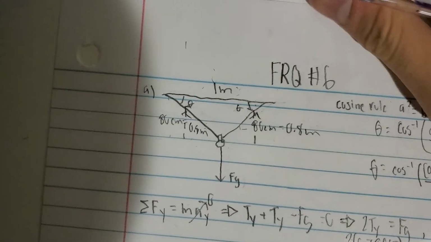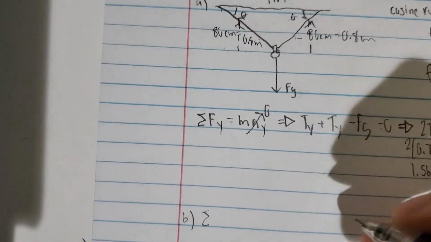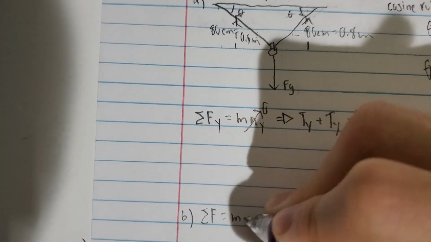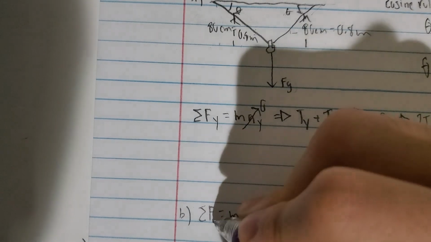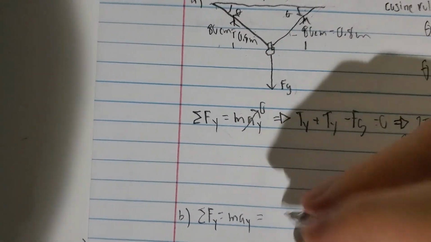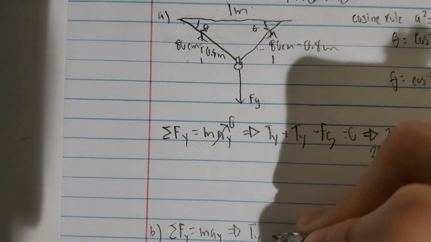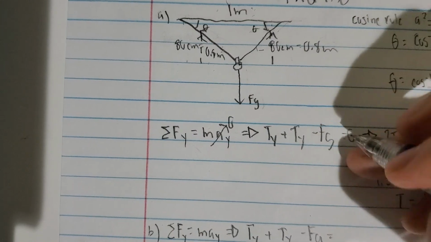Okay, so again, we're going to use Newton's. The total force is going to be equal to mass times acceleration in the y direction, of course. Same forces we have up here, so Ty plus Ty minus Fg. But this time, this side is not going to be 0.